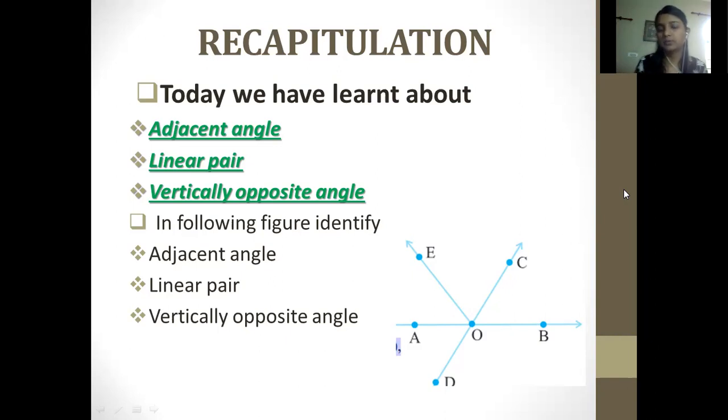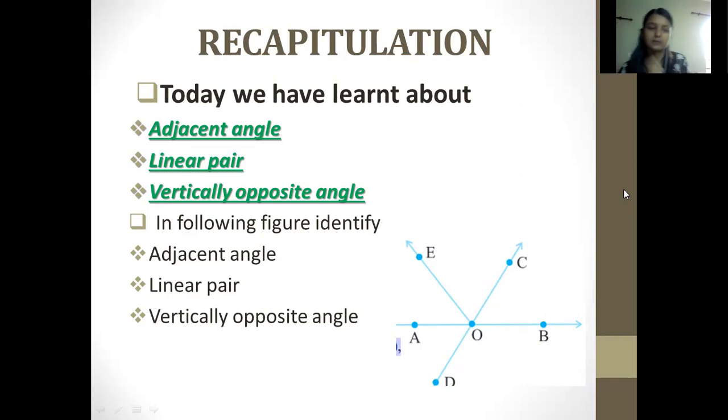Then vertically opposite angles, where we saw real life examples, such as scissors, which make vertically opposite angles equal to each other, from this side or this side.